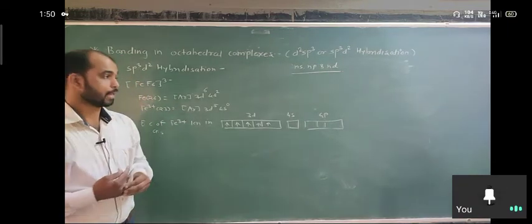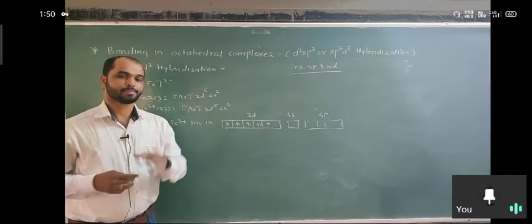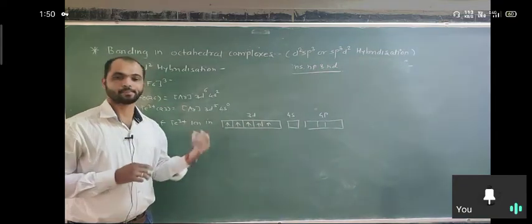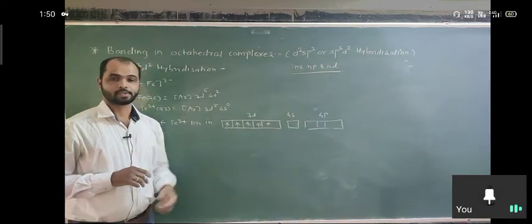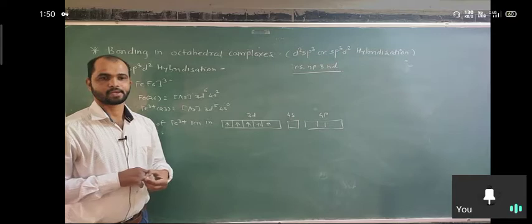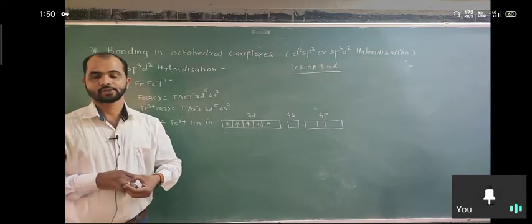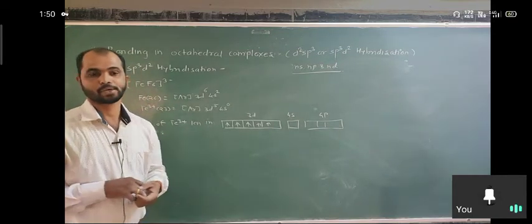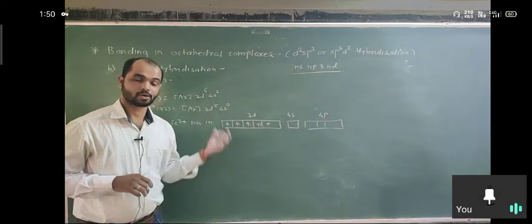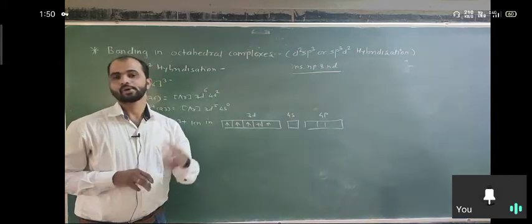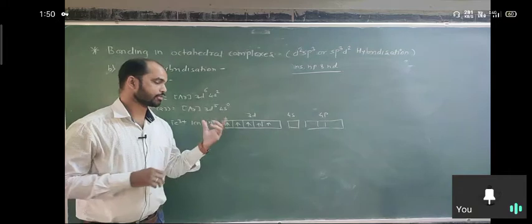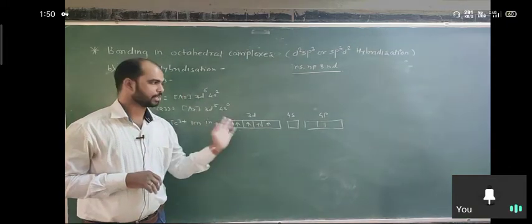That means there are 5 unpaired electrons present in the complex. If we pair up, there is only one unpaired electron available and we expect 1.7 to 1.8 as the magnetic moment, but the actual experimental observed value is 5.9. That means there are 5 unpaired electrons. That's why VBT uses the next one.